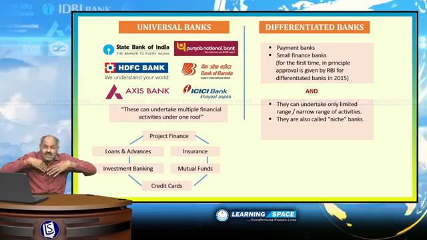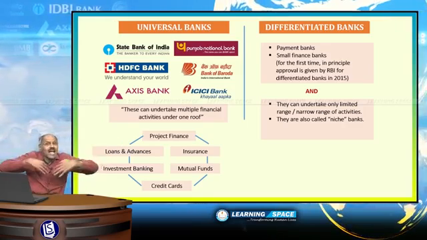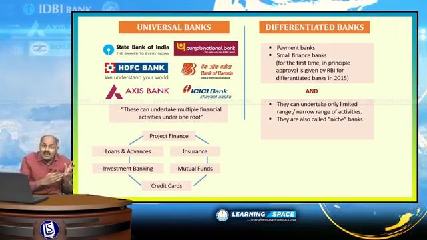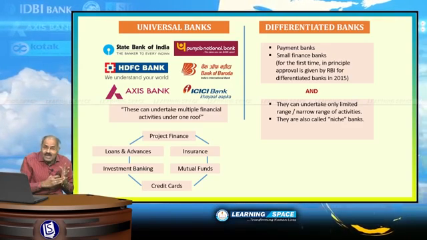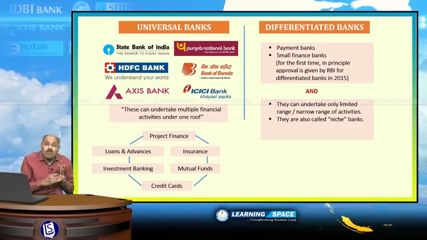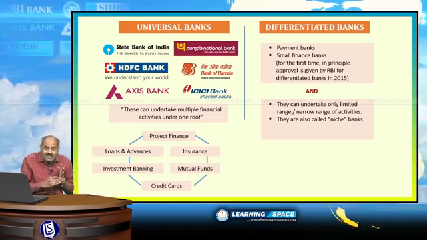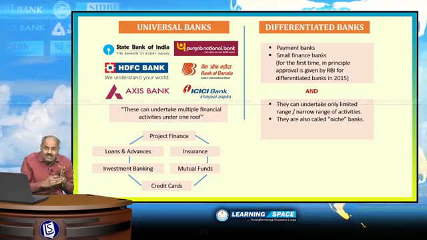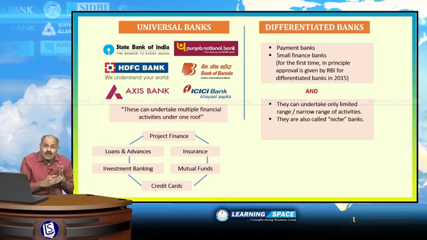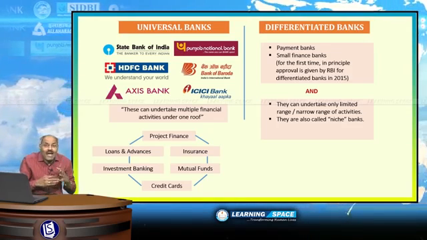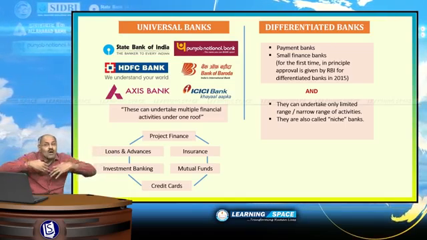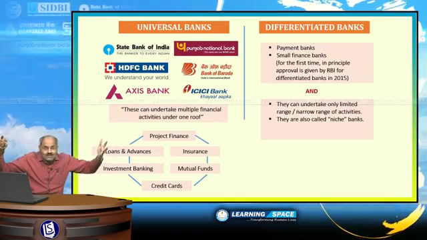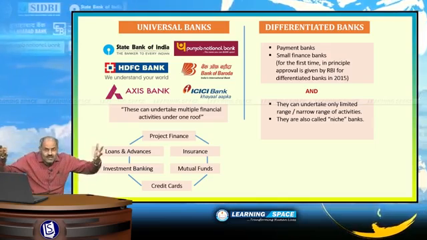A universal bank can undertake any financial activity, like giving long-term finance to corporates, like giving project finance for multi-billion dollar deals in this country. If someone wants to construct a 5,000 crore rupee project, banks can undertake finance, that is project finance. They can give thousands of crores to corporates. They can be into insurance business.